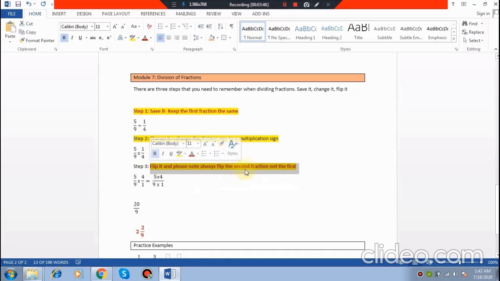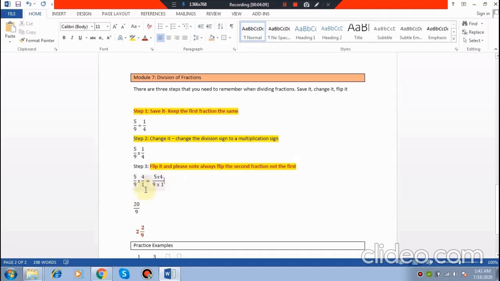So this numerator becomes the denominator, and this denominator becomes the numerator. Makes sense, right? From there we are able to simplify: numerator times numerator divided by denominator times denominator.